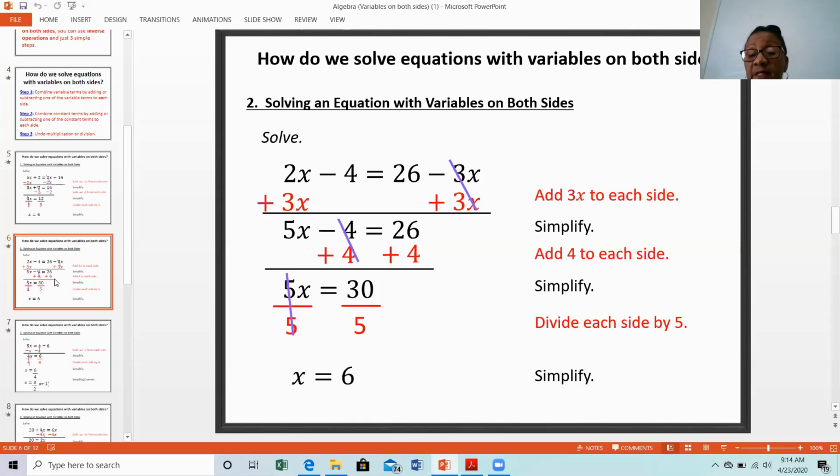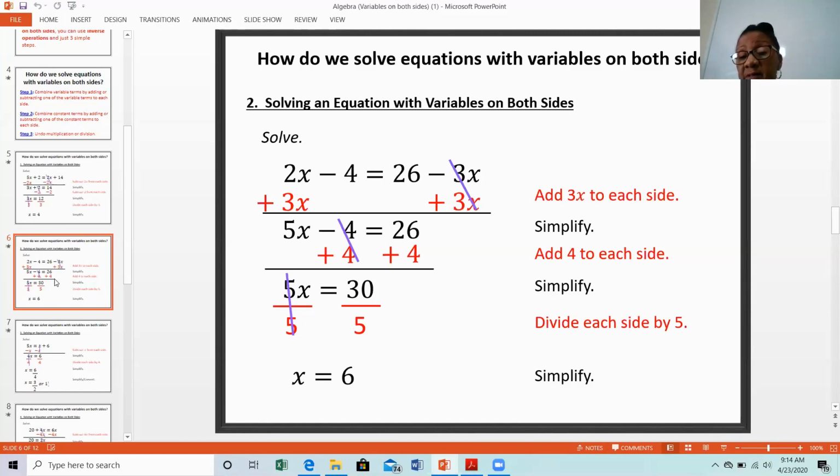So we look at the term on the right side. We notice we have take away 3x. So what is the opposite of take away 3x? Add 3x to each side. When we do that, we have simplified to some extent, and what are we left with? 5x, since 2x plus 3x gives us 5x, take away 4 is equal to 26.